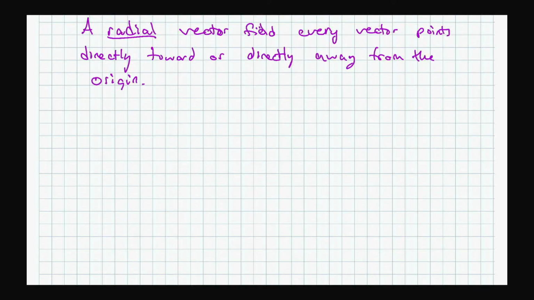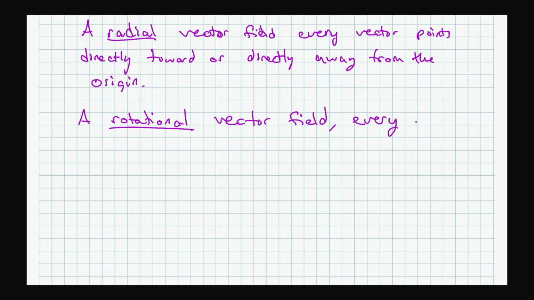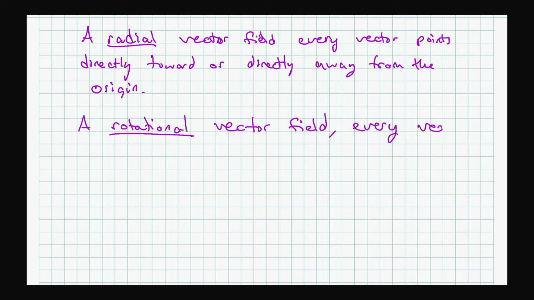So another type of vector field is called a rotational vector field, where every point, sorry, every vector is tangent to a circle centered at the origin.